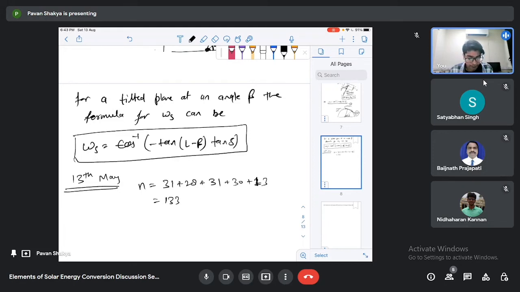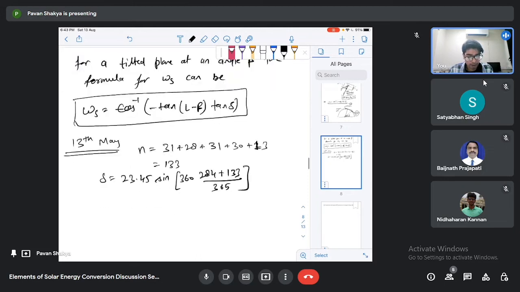Then we can easily calculate the declination angle as delta is equal to 23.45 sine of 360 by 365 times (284 plus n), that is 133. When you solve this, you will find that the delta value is 18.3.